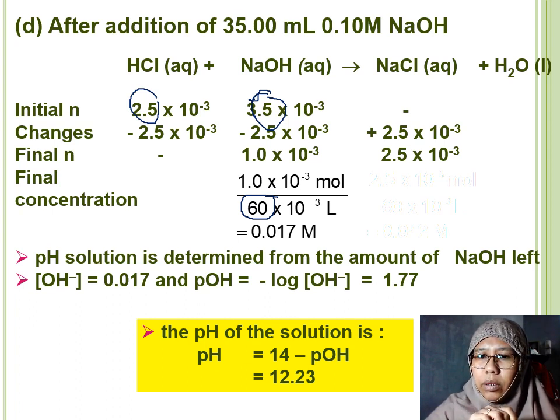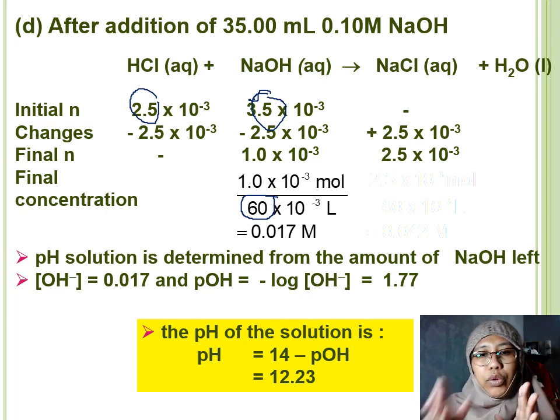What was the other one? Maybe the first point when the titration has not begun. The pH of acid 0.1 molar, so that is pH 1, pH 2.69, pH 7, and now pH 12.23. You have to be able to sketch the graph, and the curve would be a distorted S.